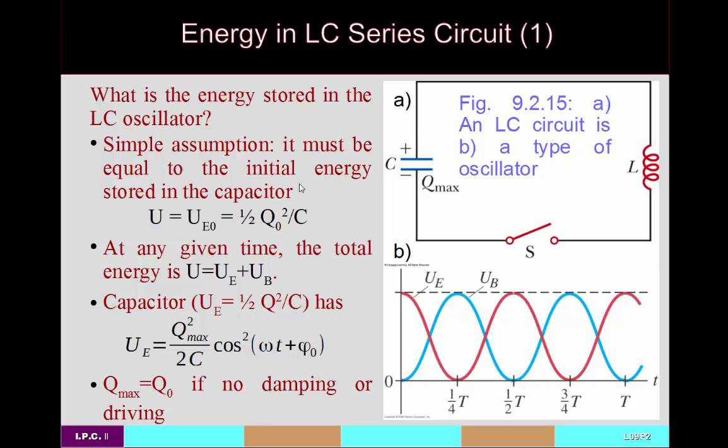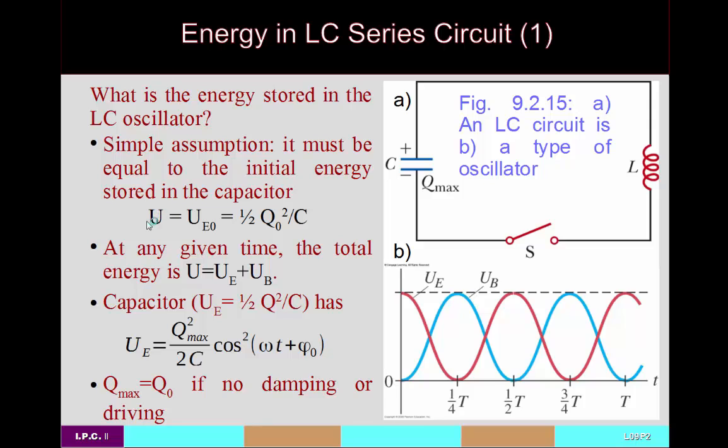We can make a simple assumption that the total energy stored must be equal to the initial energy stored on the capacitor. That should make sense because eventually there's no charge on the capacitor, and if there's no resistor to dissipate that energy, then that energy must be somewhere else in the system. Namely, it might be in the magnetic field within the inductor.